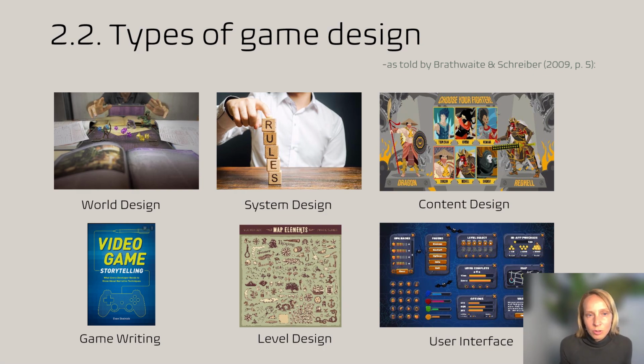Game writing creates dialogue, text, or story in the world. We'll talk about stories and if games need them, but it's interesting to look at the different elements of what games are. Level design helps create the maps, objects, and challenges in the maps.